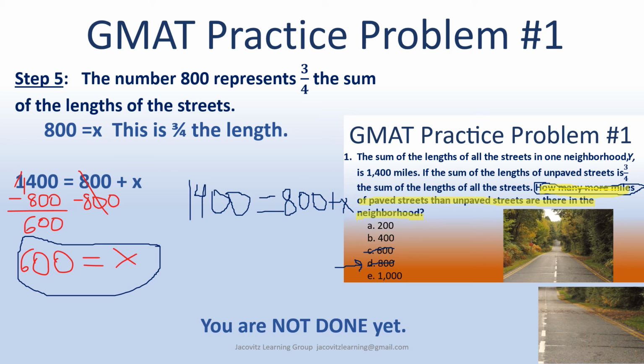If you forgot the second part of the question, you're going to go for one of the distractors. And unfortunately, that's going to cost you some points. And we're trying to do everything we can to make sure you're not losing silly points on an exam because that's most of what the GMAT and the GRE are. So let's go on and see if we can get 200, 400, or 1,000 based on these two numbers.